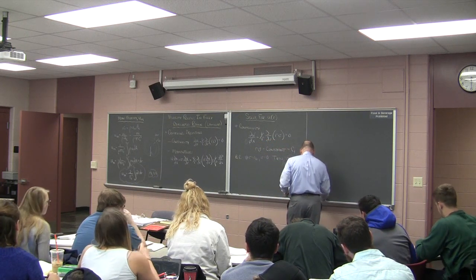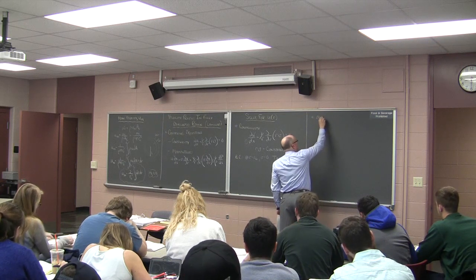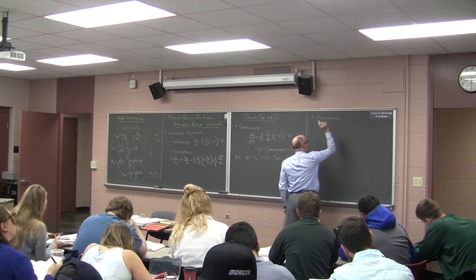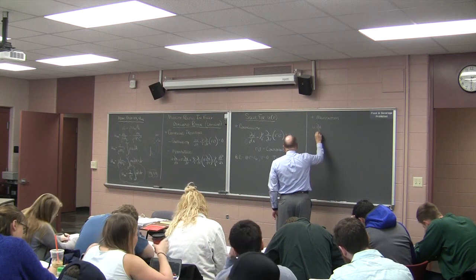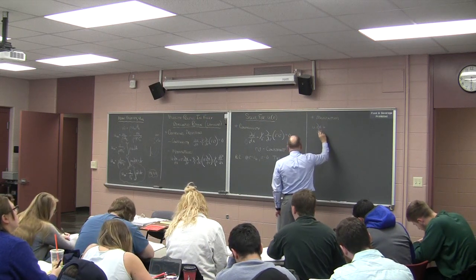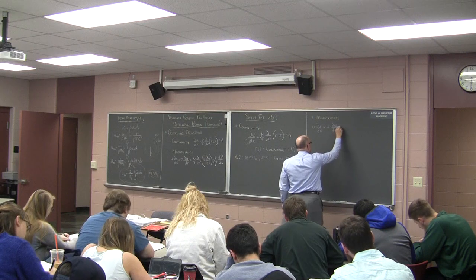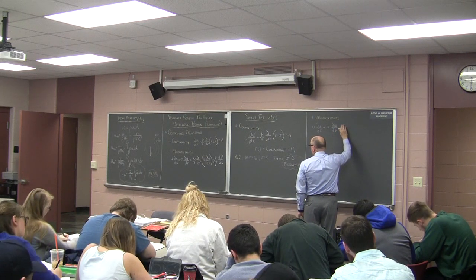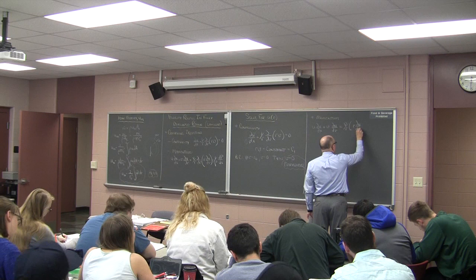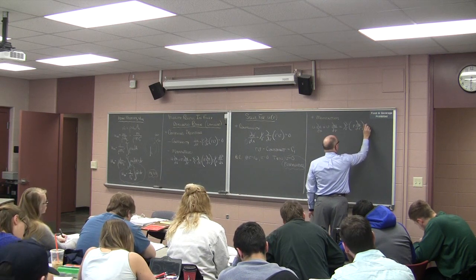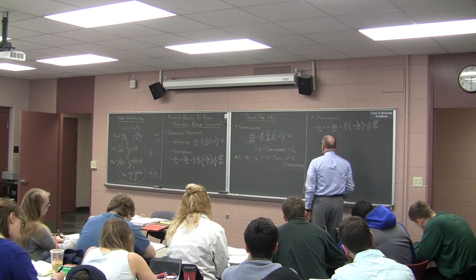Now let's look at the momentum equation. So we have u times the partial of u with respect to x plus v times the partial of u with respect to r equal to nu over r times the partial of r times the partial of u with respect to r, minus 1 over rho dP/dx.